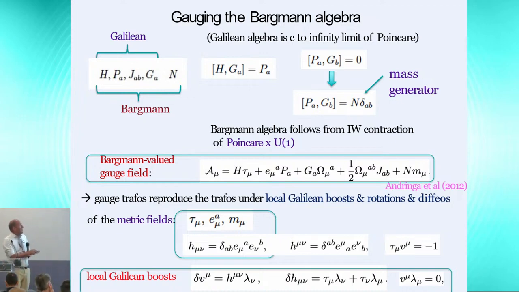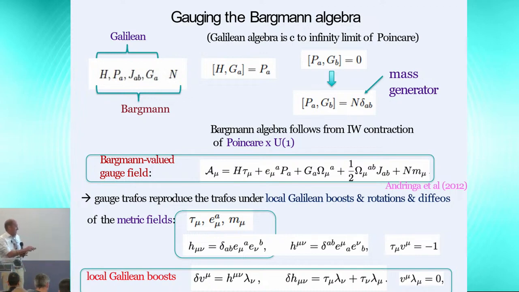And out of this you can make a rotationally invariant spatial metric. So, in Newton-Cartan geometry, instead of a metric g_mu_nu, you have the objects tau, h, and m, or tau, e, and m. That's what Newton-Cartan geometry is, and then, of course, you have to say how things transform. This is how they transform under the local Galilean boosts.